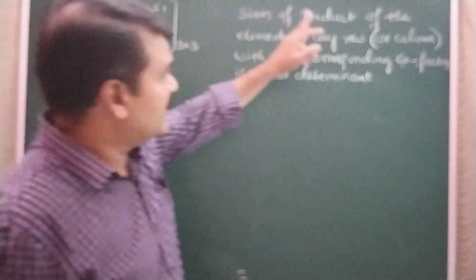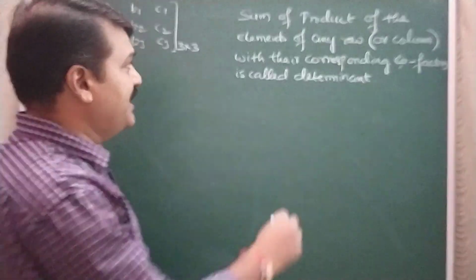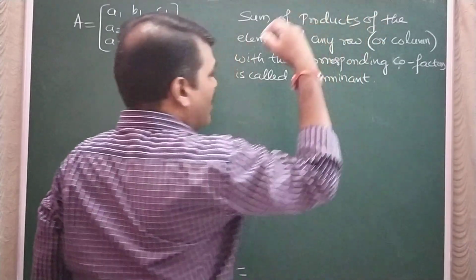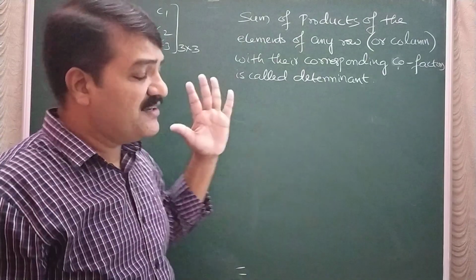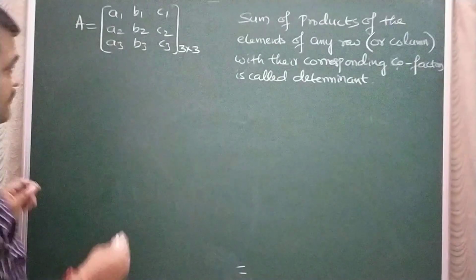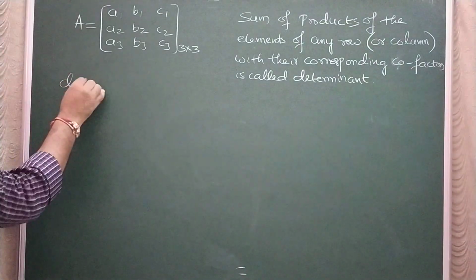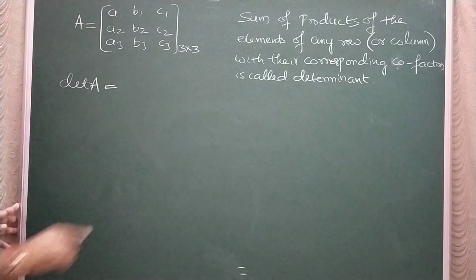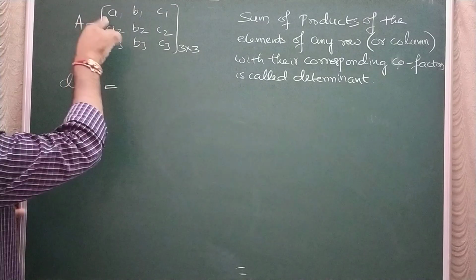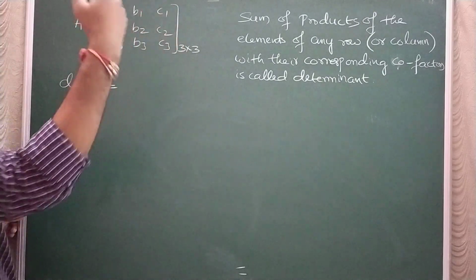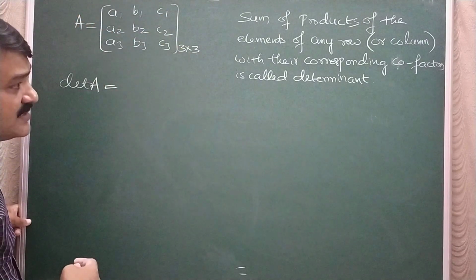The sum of the products of elements of any row or column for that matter with their corresponding cofactors. So if I take the first row, then what does the definition say? The sum of the products of elements of the first row with their corresponding cofactors.